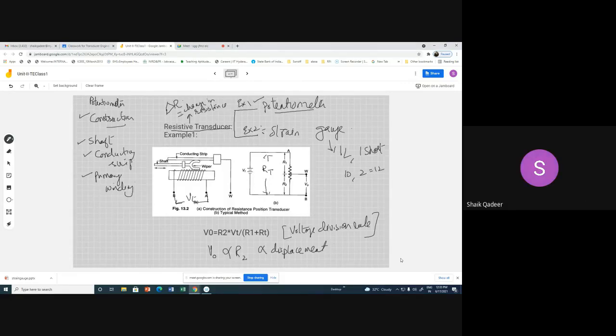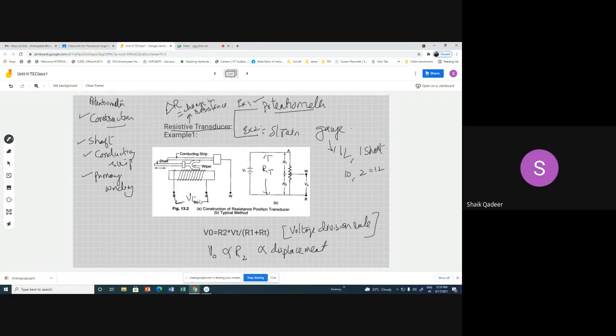Right, construction. A moving contact is connected to the potentiometer. A moving contact, which in the figure is called the conducting strip, is connected to a potentiometer.